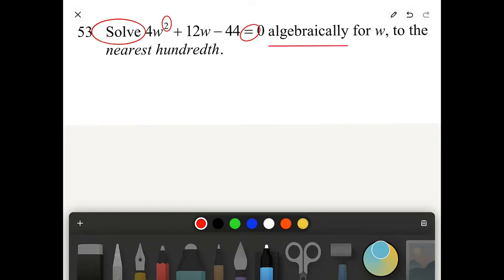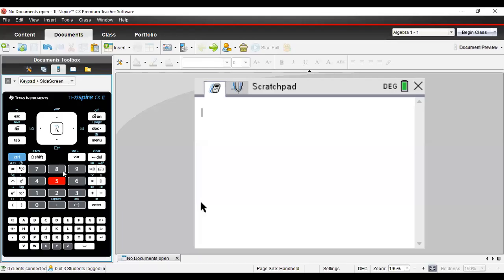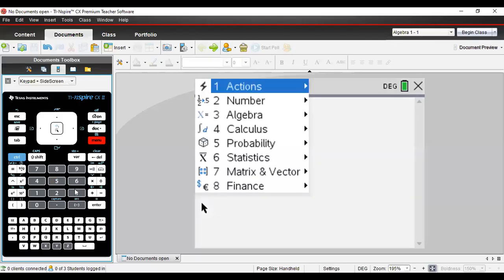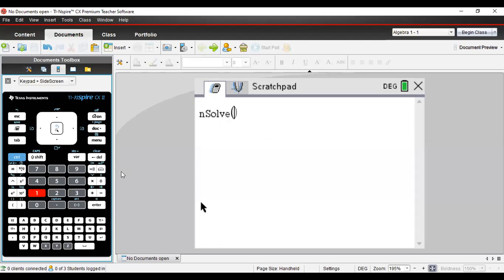All right, so nSolve first. nSolve is the easy one, so let's go get the calculator. The very first thing we're going to do is go nSolve, and put this in.